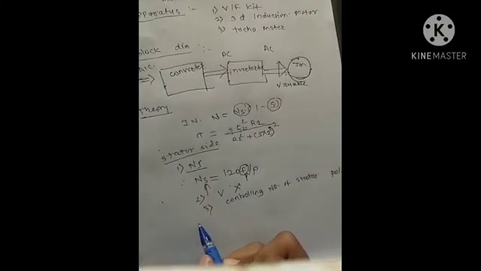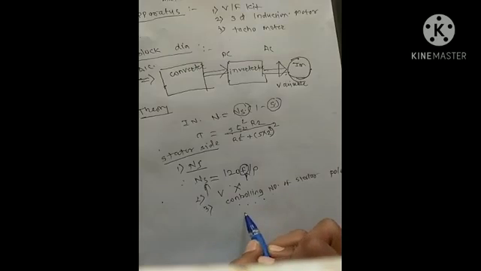Third is controlling the number of stator poles. This is possible with a squirrel cage induction motor. The number of winding ends are available for external connection. This winding can be connected to a different number of poles, so the speed can be varied. This only happens in the squirrel cage rotor; this method is not possible in slip ring type induction motors.